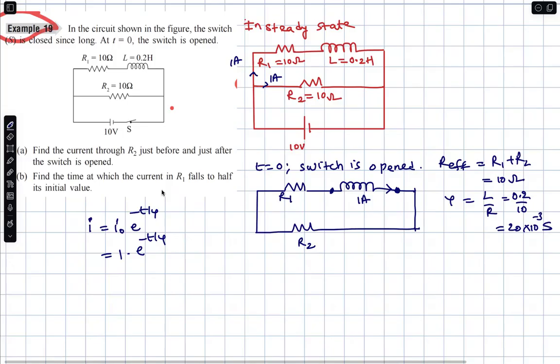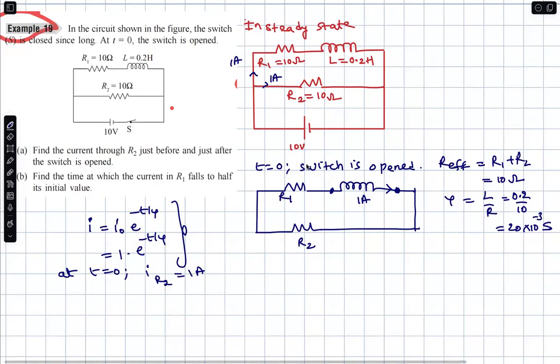So therefore, what do you want? Thereafter, find the time at which the current in R1 falls to half of its initial value. This is the first part of the question. At t equal to 0, current through R2 is 1 amp.